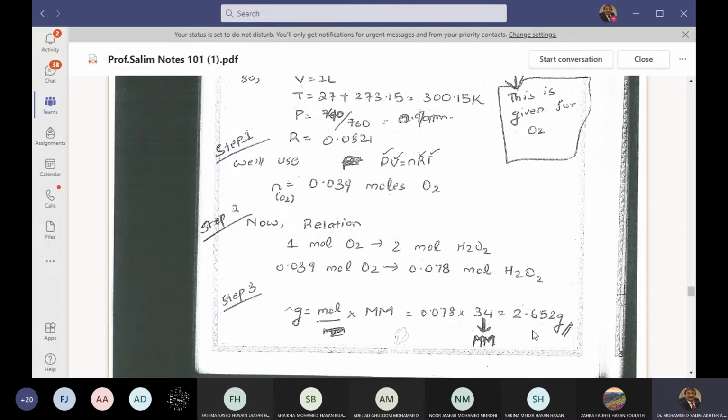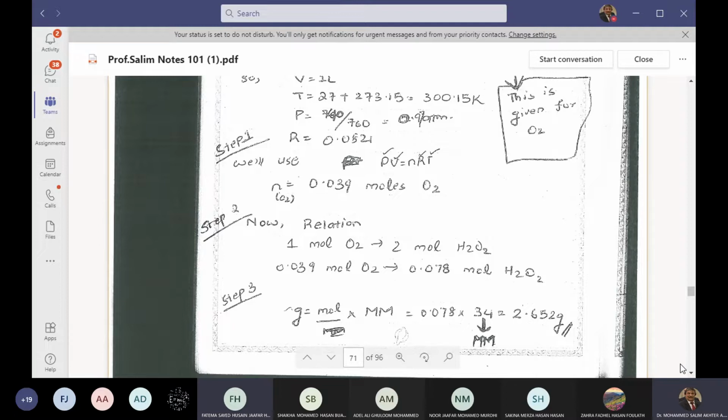Yes, of course. How? I multiply by 34. What is 34? Molar mass of H2O2. Is this answer correct? 2.652. Yes, correct. Excellent, my friend.